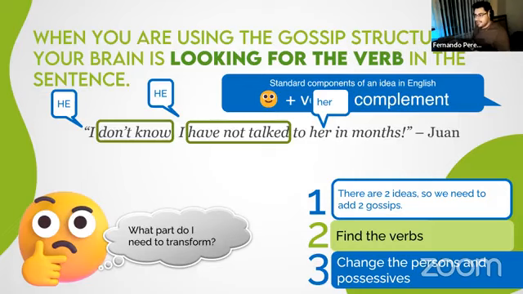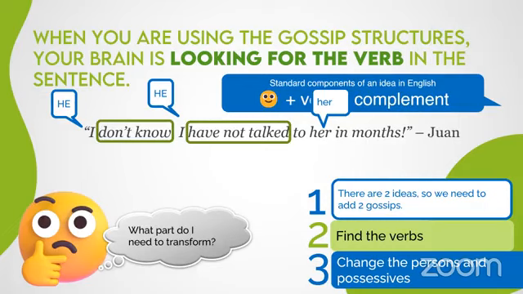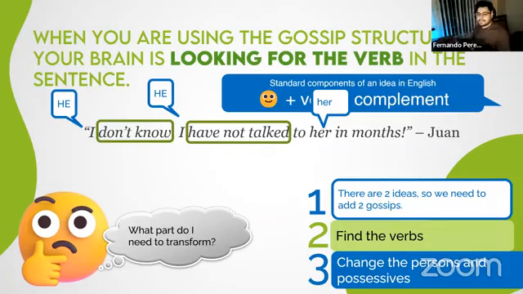He's talking about a third person, and when you are gossiping, you also are talking about a third person. Exactly. If you don't change the third person, it's not necessary to change it. It's the same person.